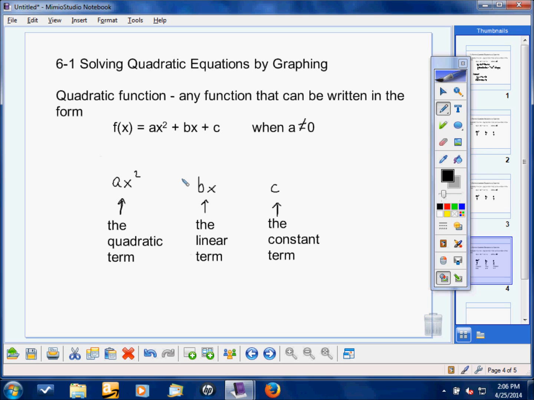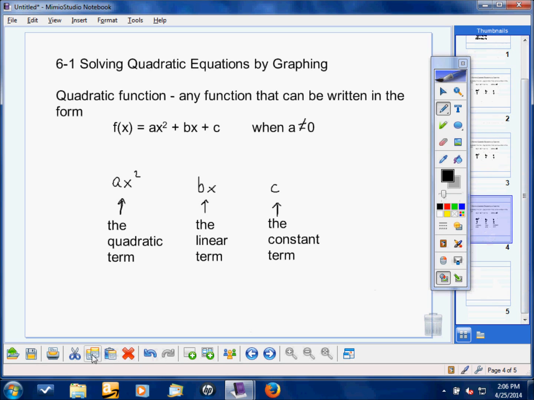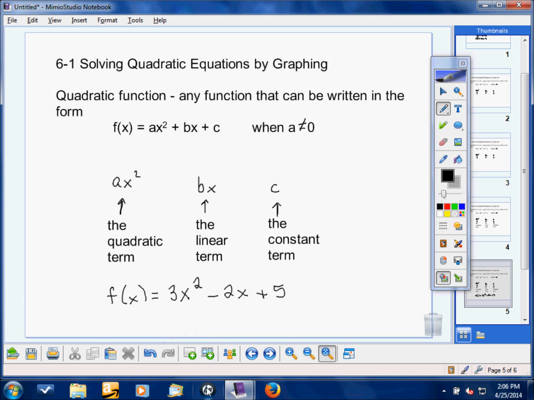So for example, if you had the equation f of x equals 3x squared minus 2x plus 5, which would be the quadratic term? 3x squared. So 3x squared would be the quadratic term, and it's easy to identify.